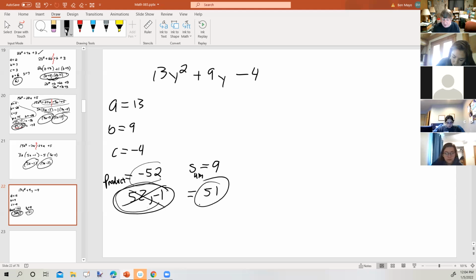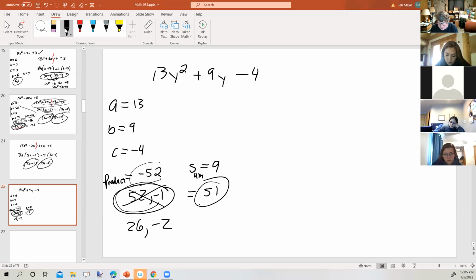So let's try again. But I still want a pair of numbers whose product is negative 52. An easy way I can generate those is if I take 52 and divide it by 2, I get 26. But since I divided the first number by 2, I have to multiply the second number by 2. 26 and negative 2.